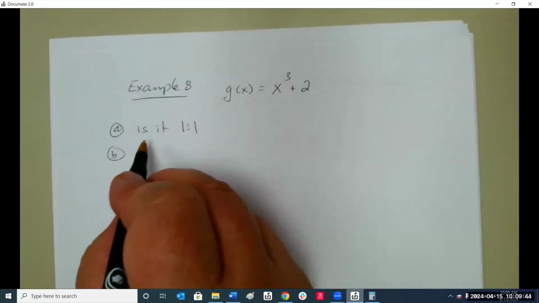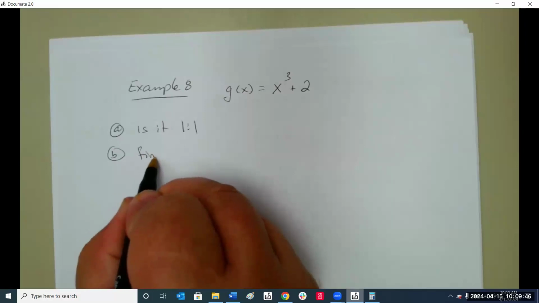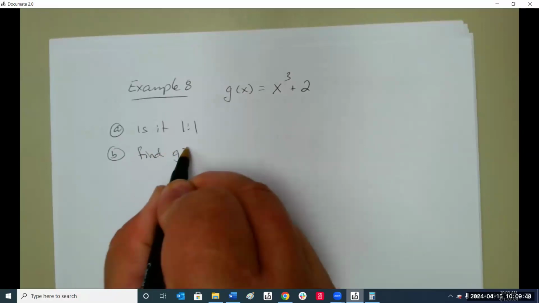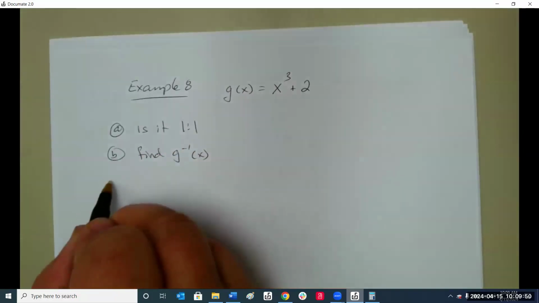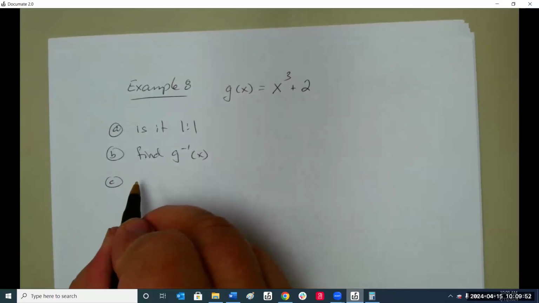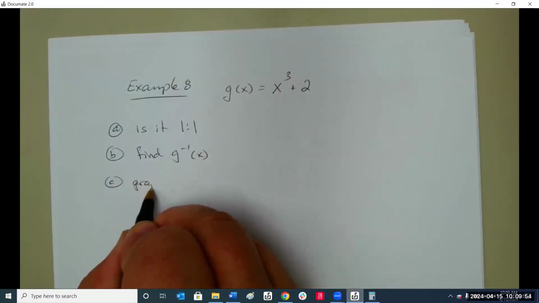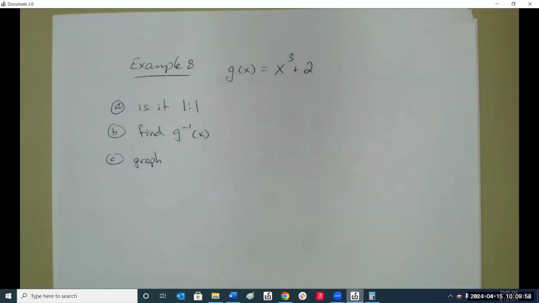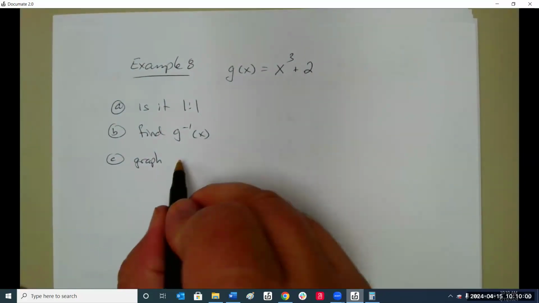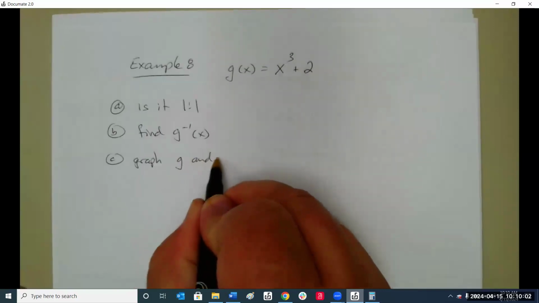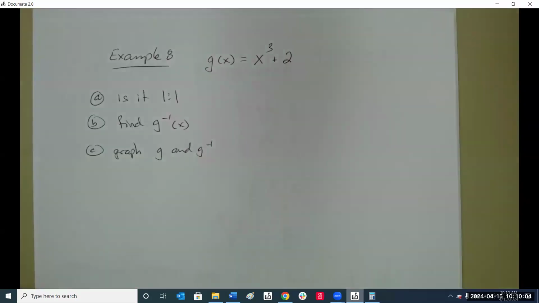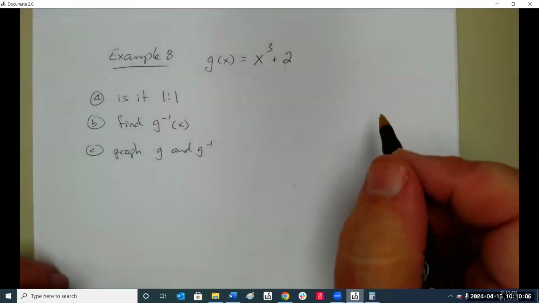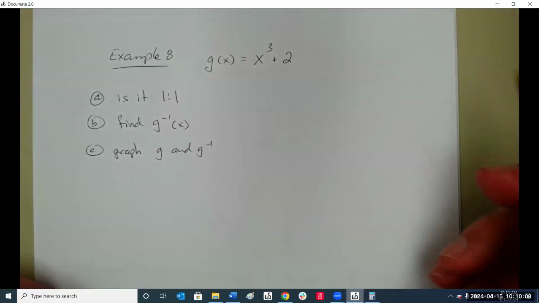B. Find the inverse. C. Graph g and g inverse.